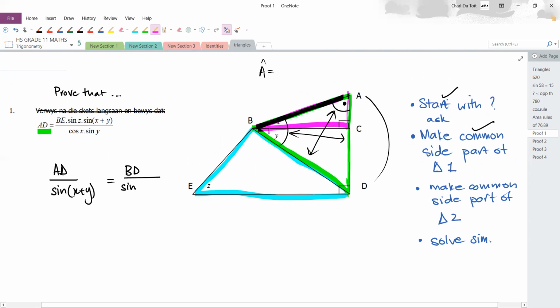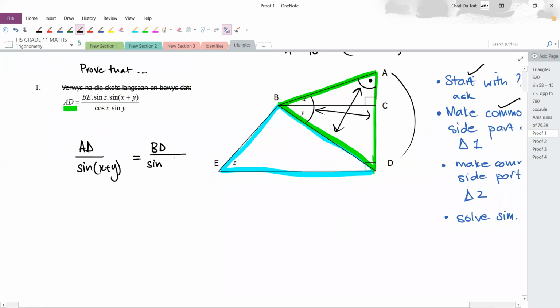It's not going to be so pink anymore, because I have a 90 degree angle and a small x. So A is 180 minus 90 minus x, which is 90 minus x, using interior angles of a triangle. So DB over sin of (90 minus x). Good. Now I'm going to make AD the subject by multiplying right through with sin(x plus y).